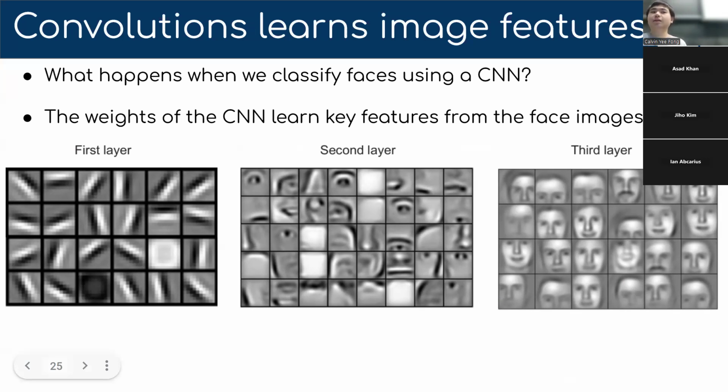In the first layer, you can maybe guess from these images that it detects the edges of human faces. Then in the second layer, you start to see more facial structure, for example things that look like eyes, a nose, or an ear. And then in the third layer, you can see actual faces being shown and basically learned in the weights of the neural network.